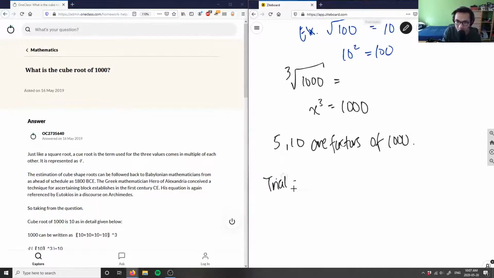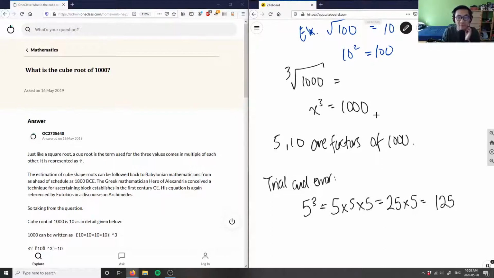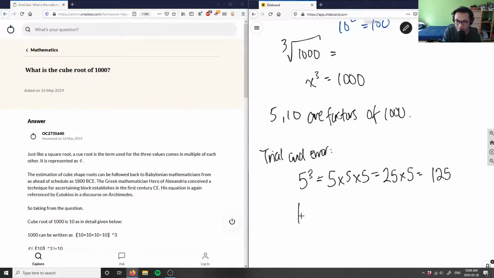What is 5 cubed? 5 times 5 times 5 is 25 times 5, which is 125. And 125 is not 1,000, so 5 cubed must not be the correct answer. I'm going to try 10 as well. 10 cubed is 10 times 10 times 10, which is 100 times 10, which is 1,000.